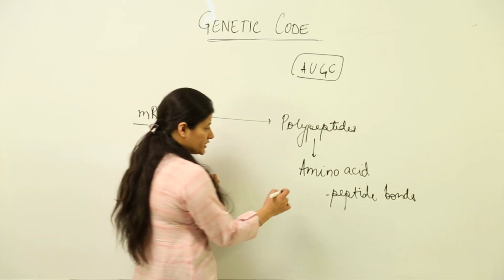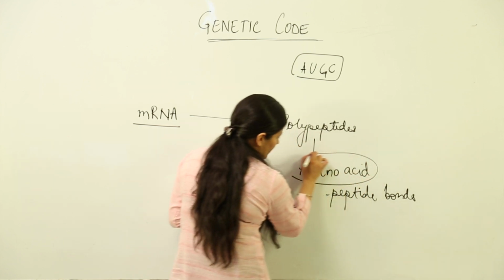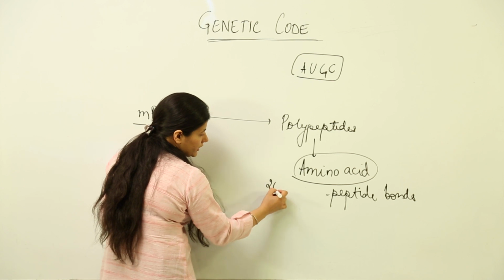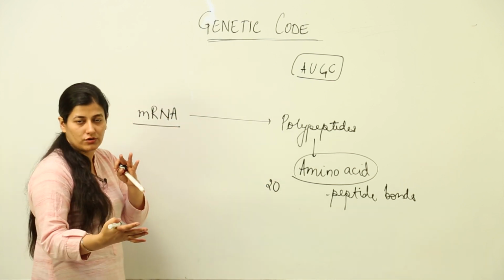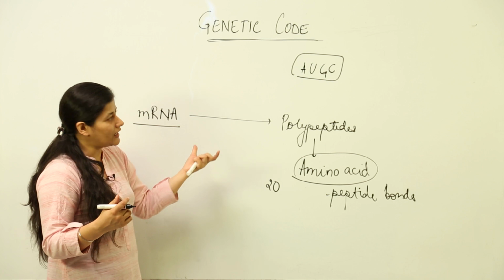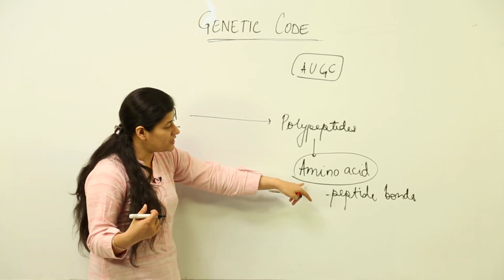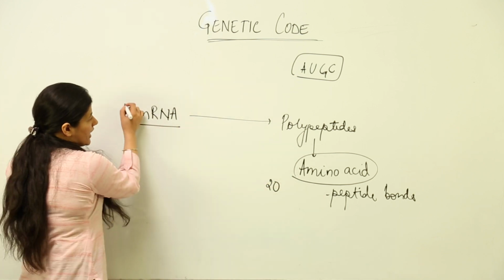Now, what we have to pay attention to is how many amino acids are present. They are 20 in number. Now, some relation or some sort of interconnectivity has to be devised between these amino acids and what lies in mRNA.